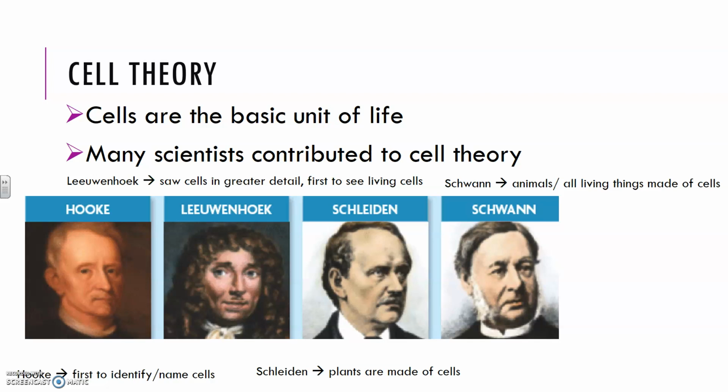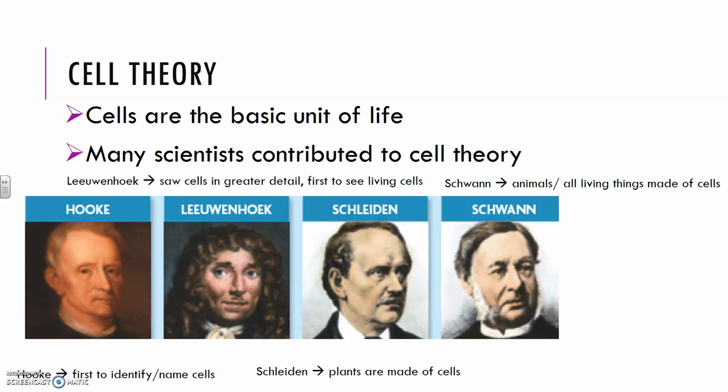Okay, so not only did he say that all animals are made of cells, he took it a step further and combined plants are made of cells and animals are made of cells to all living things are made of cells.